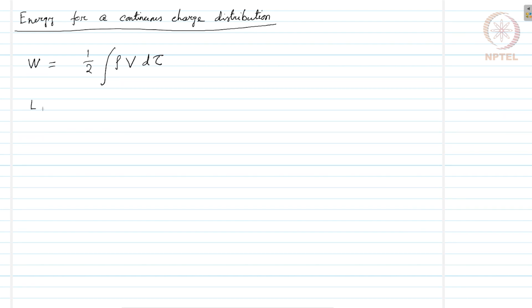If we consider line charge density, then it can be given by lambda V dl. If we consider a surface charge density, then this would be given by sigma V dA.